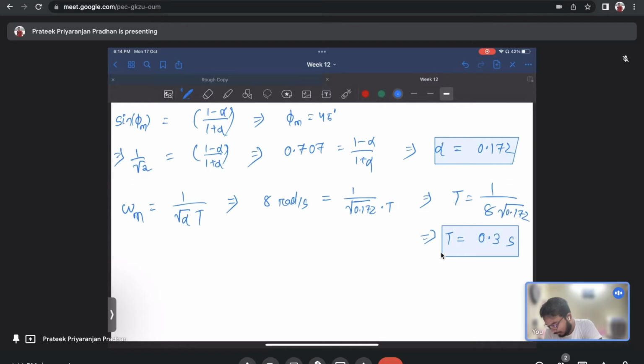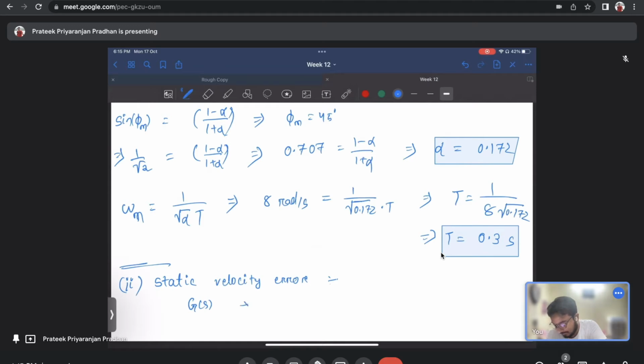So now coming to part B. How do we calculate the static velocity error constant? We generally calculate this when the open loop transfer function is G of s.